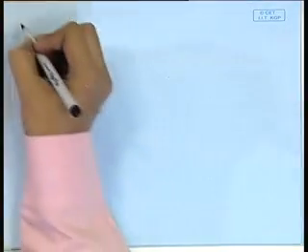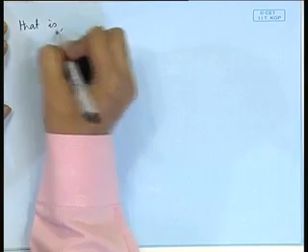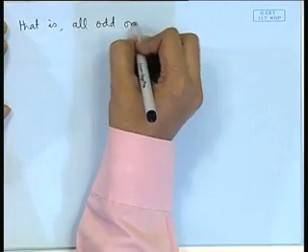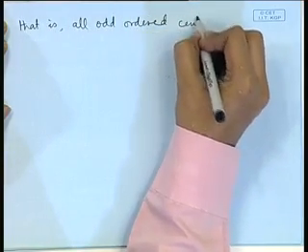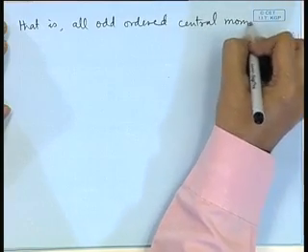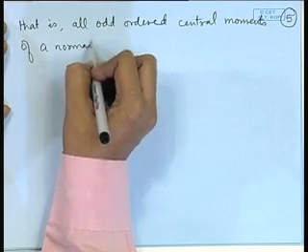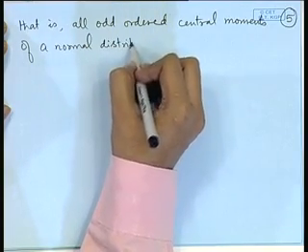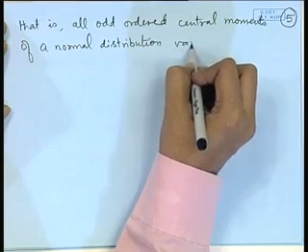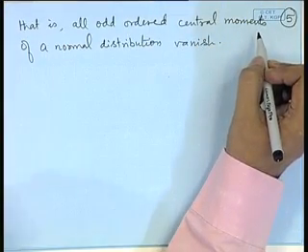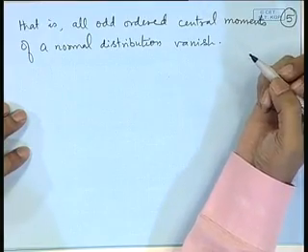That is, we can write that all odd ordered central moments of a normal distribution vanish. Now, this is quite important here because we are considering any parameters mu and sigma square, and for any parameters mu and sigma square all the central moments are vanishing provided they are of odd order.